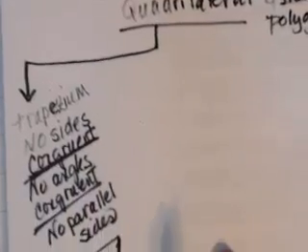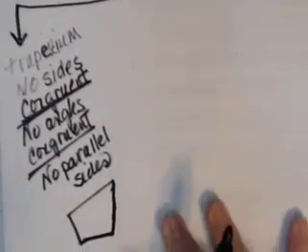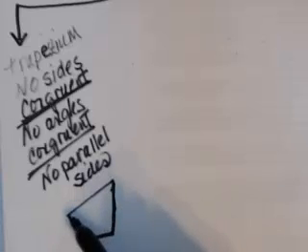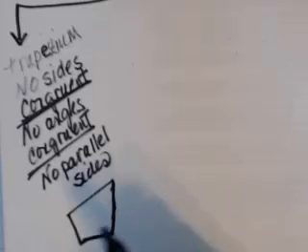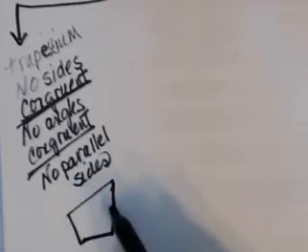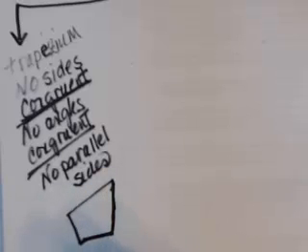So it might look something like this. So it has no angles congruent, and it has no parallel sides, and it has no sides congruent.